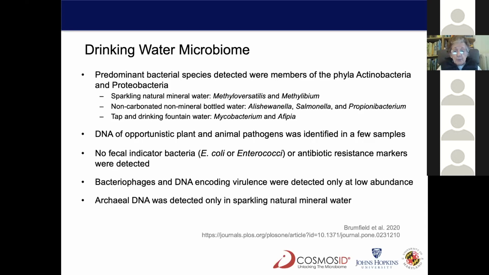We picked up DNA of opportunistic plant and animal pathogens, and really no fecal indicator bacteria. Frequently, we pick up bacteriophages, which serve as a confirmation because they're phages for the bacteria we detect in the end water, treated water. Archaea DNA was detected, interestingly, only in sparkling natural mineral water. May I have the next slide, please?